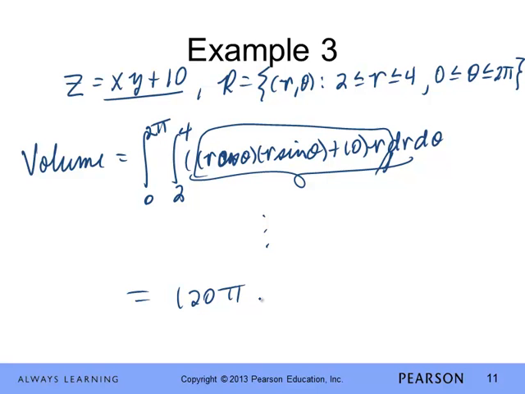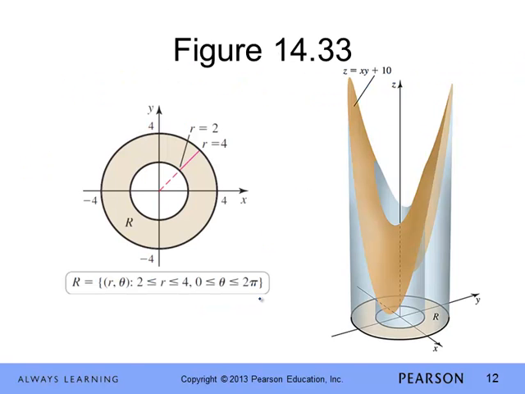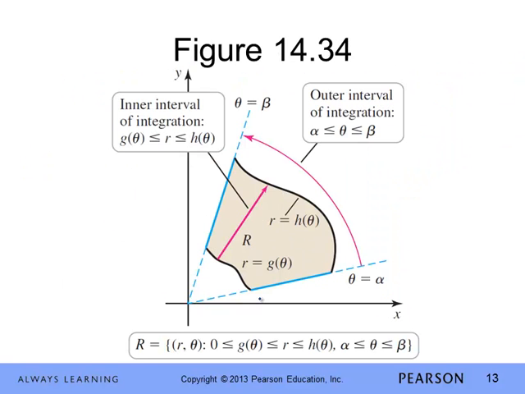But, of course, you're not always going to integrate over polar rectangles. You need to be able to integrate over any other polar regions on the plane. It could be that r, the distance between the pole and the curve, really is a variable function with respect to theta.